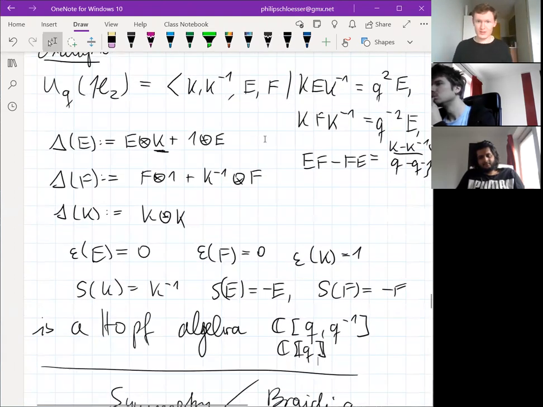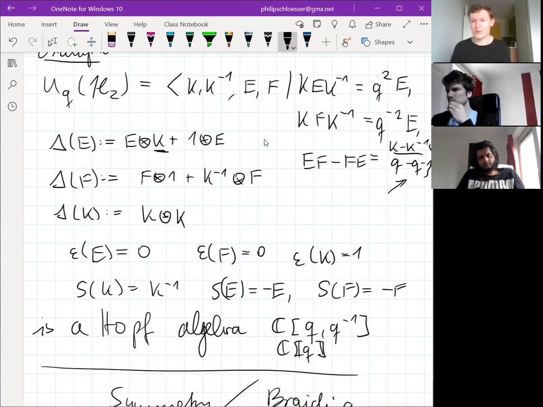The fact that if you set q to 1 in this case, you would get SL2 is non-trivial, especially because of this thing here, which would just be 0 if we set q to 1. But apparently there is some sense in which you can recover the SL2 case from this one, which is why we call it the quantization. And deformation is just a more general name for exactly that process.